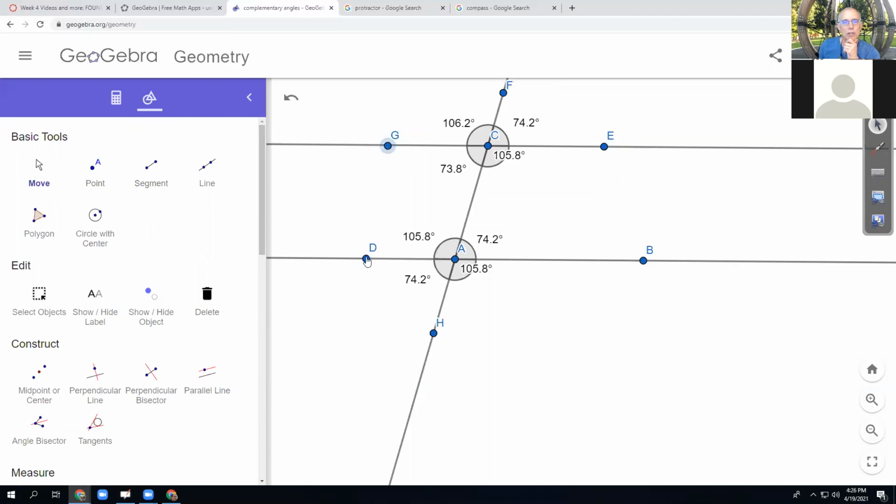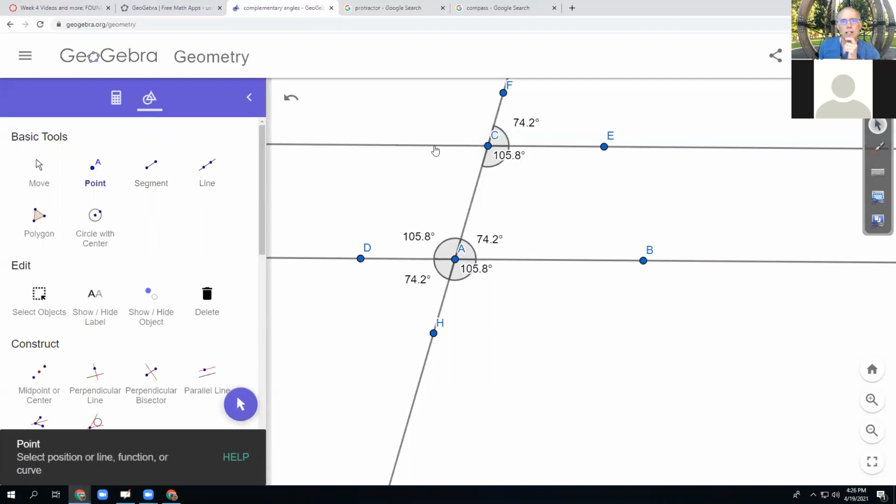But if I click on point D, it won't move off the line, it will only move on the line. So that is one thing about GeoGebra. Where you click depends on what you can do with the point. So G, I actually missed the line. Notice I can put it anywhere. But point D, I got it on the line and I can't move it off. So I'm going to have to delete, oops. Try that again. On the line, please.